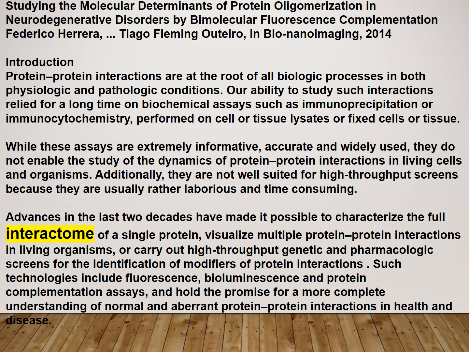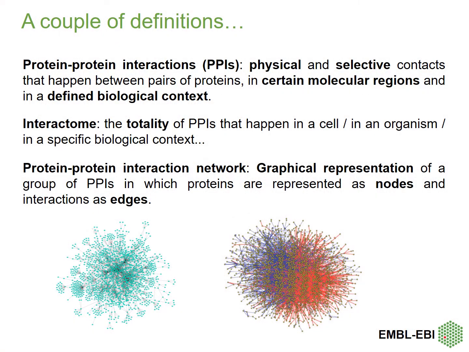But we have an interactome. So every protein has an interactome. Protein-protein interactions are physical and selective contacts that happen between a pair of proteins. These could be domains or regions, motifs. So they just call it certain molecular regions.